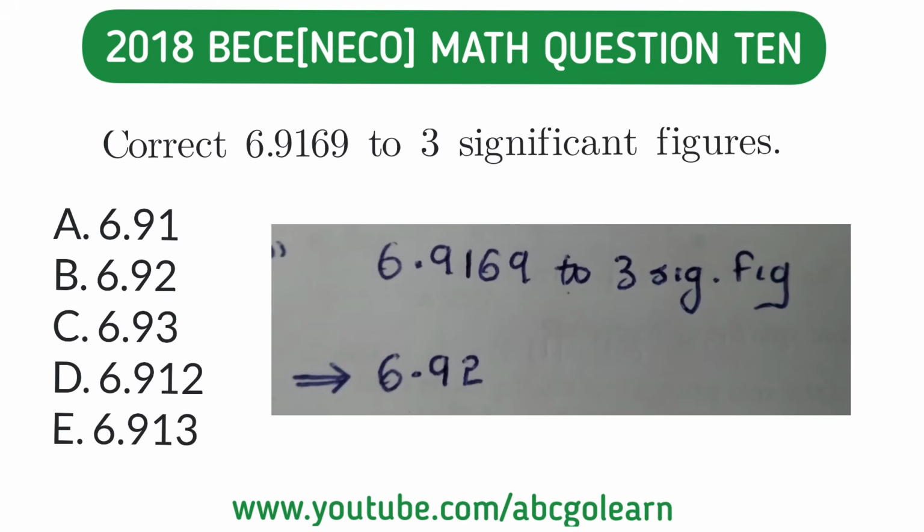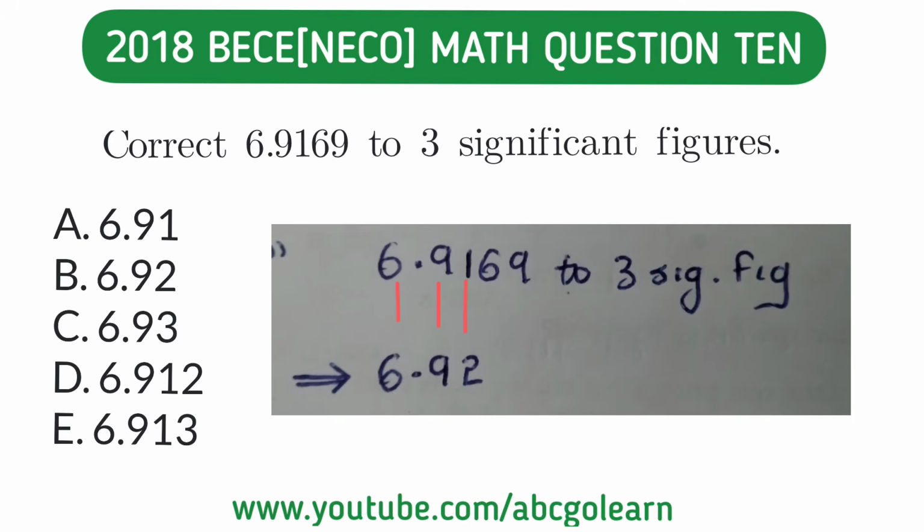Question number 10: 6.9169 to 3 significant figures. Solving this is very simple. You just need to round it off. The number that is given to you, if you check it, is 1, 2, 3, 4, 5. This is 5 significant figures already. So you just need to change it to 3 significant figures. To do that, count 3: 1, 2, 3.